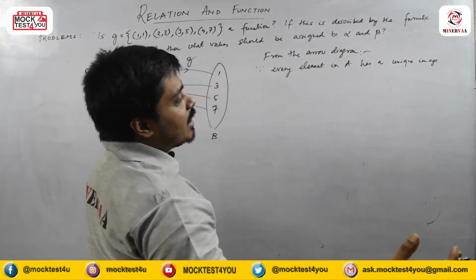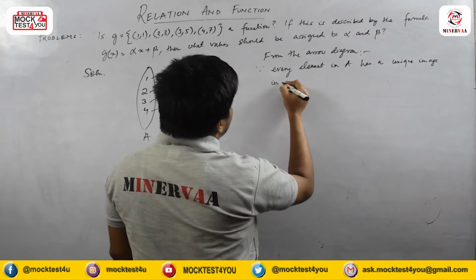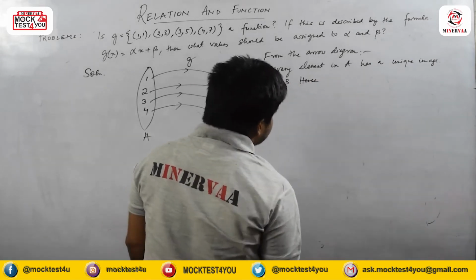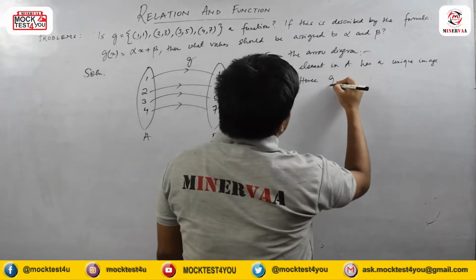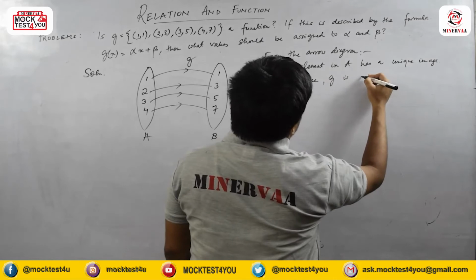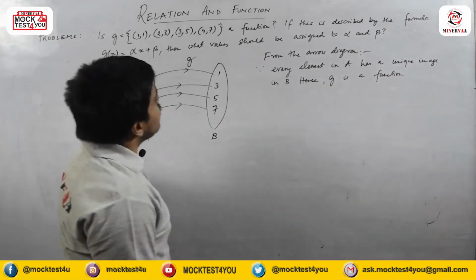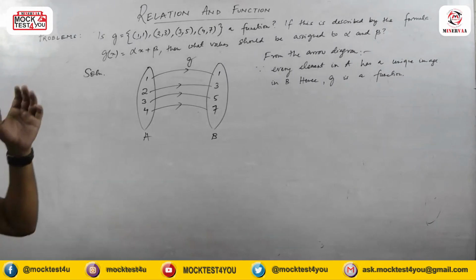So what do we see from the arrow diagram? Every element in A has a unique image in B, hence what can we write? G is a function. That's it.